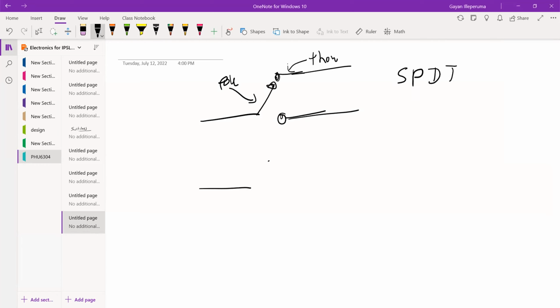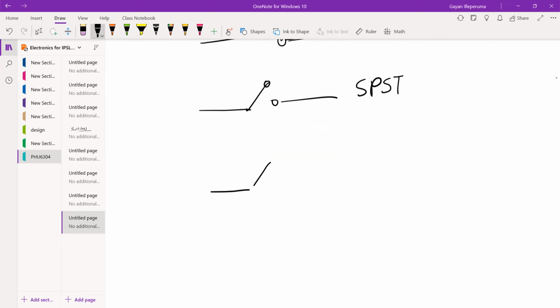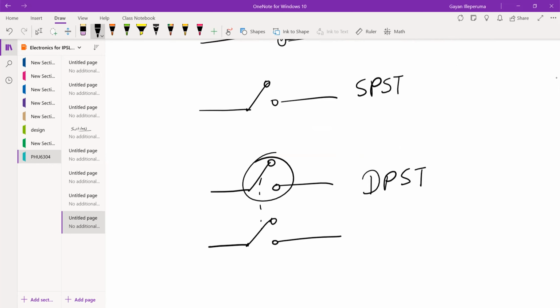If you have something like only this, we call it single pole single throw. And if you have something like this, now that time I only gave you a fraction of this, it is known as double pole single throw. Why? Each switch has only a single throw.